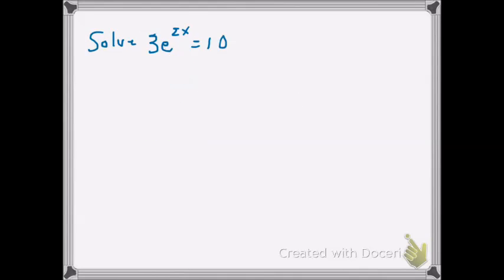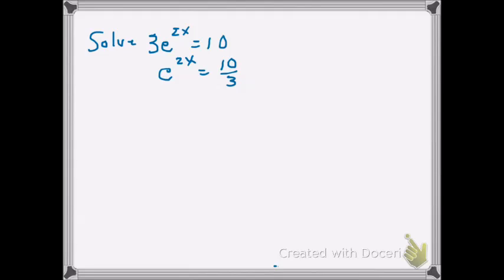Now here's an exponential equation, and we might be able to solve it by using logarithms. So in order to switch to the natural log, I have to first isolate my e to the 2x. So divide by 3 first. So e to the 2x is equal to 10/3.